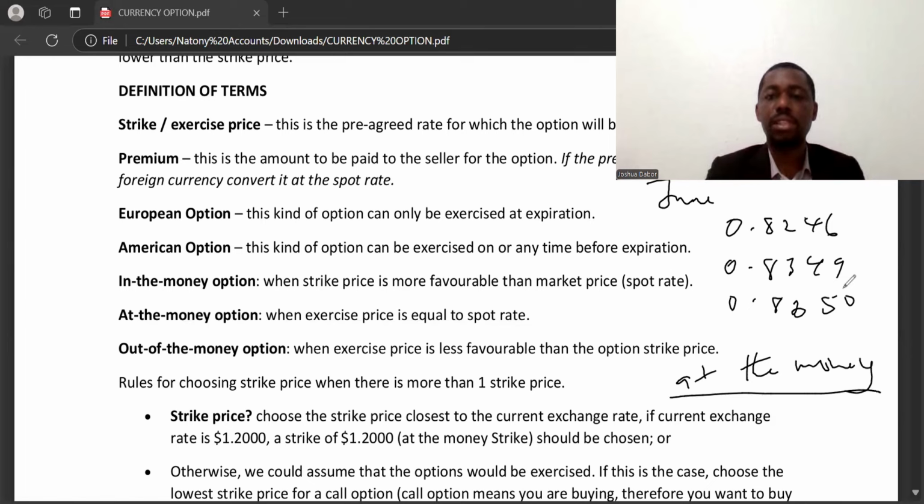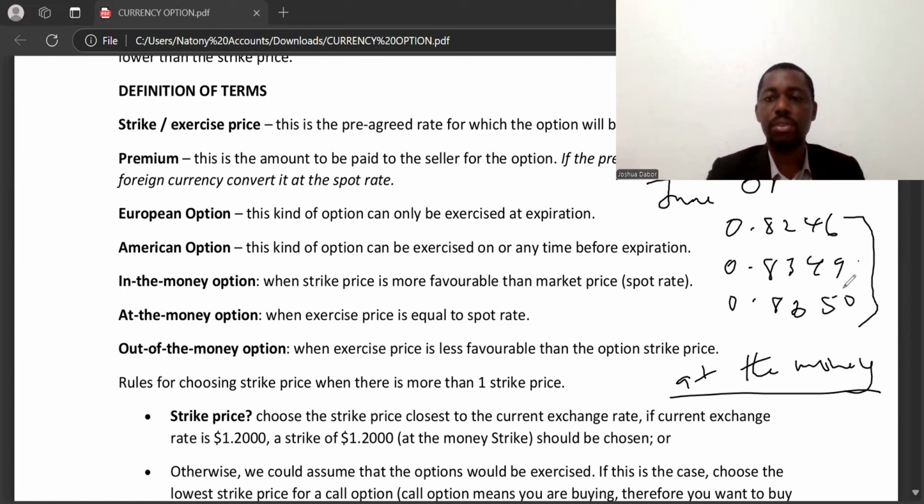So if this is the option price table, and spot rates equal 0.8349, I'm going to look at this table. Do I have a strike price that is the same as this spot rate today?